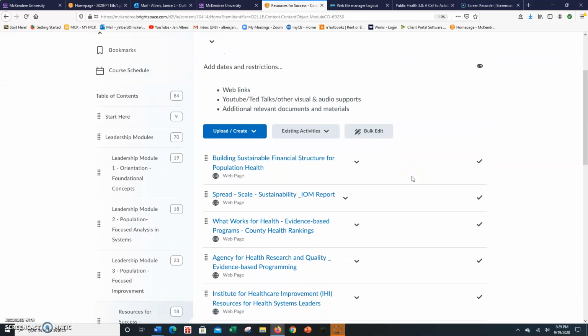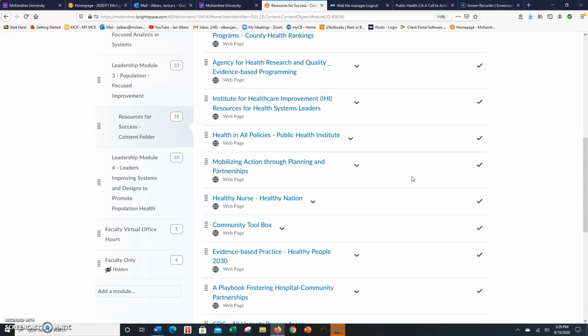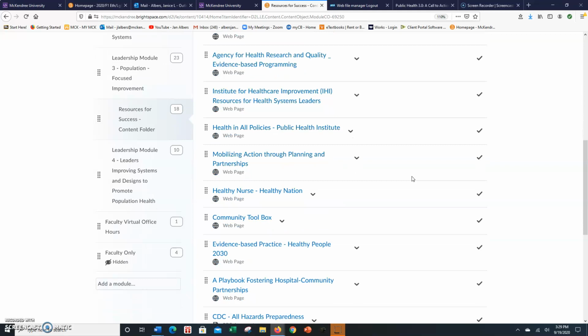Here's our resources folder. So again, know that there are a multitude of resources available here for you to use, and some of the toolboxes and the information here will be invaluable to you as you're examining opportunities for your population-focused design project.